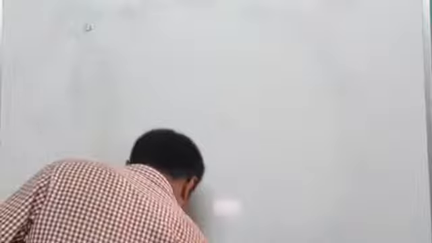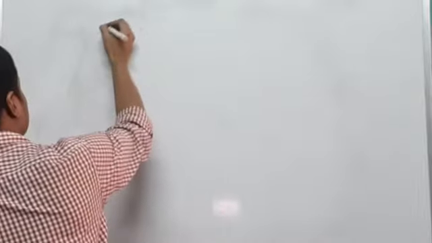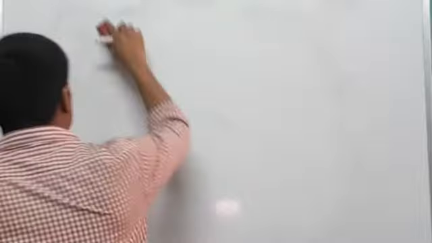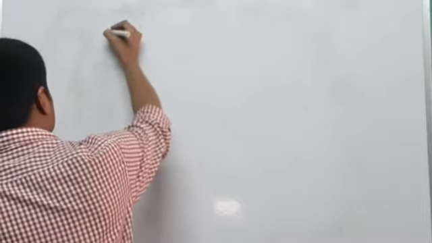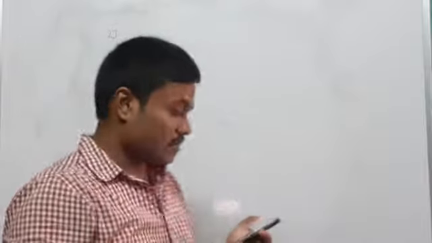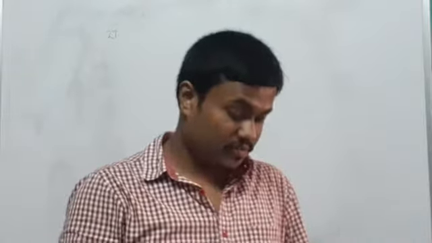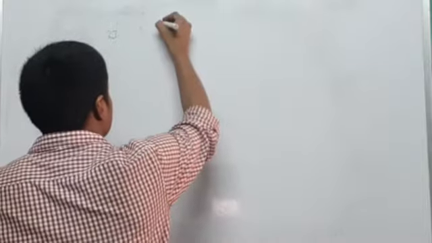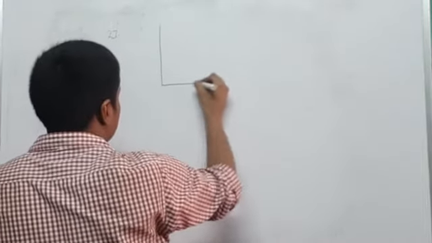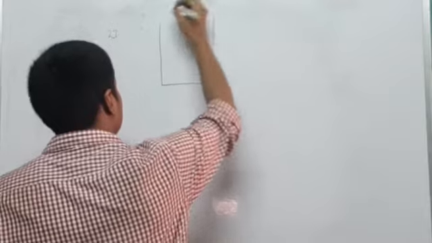Let's move on to the next problem, problem number 27. What does it say? Consider a one-dimensional infinite potential well of width A. So, let us draw an infinite square potential well.